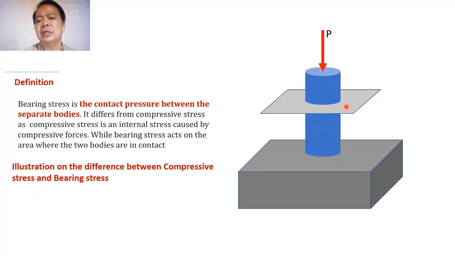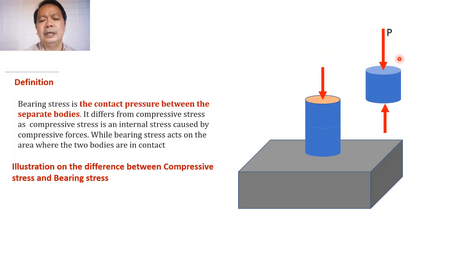So this section now cuts this cylindrical post into parts. And if we are going to isolate the upper part from the lower part, we can show where the compressive stress is happening. This part of the section, where the post is cut by an exploratory section, is now subjected to an internal stress, and the stress developed is called a compressive stress.